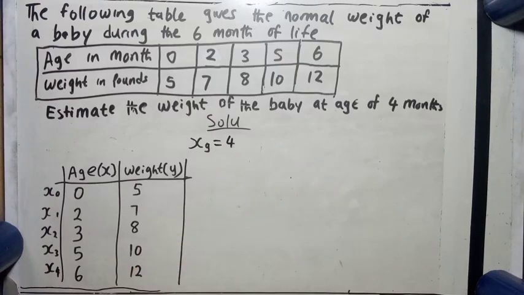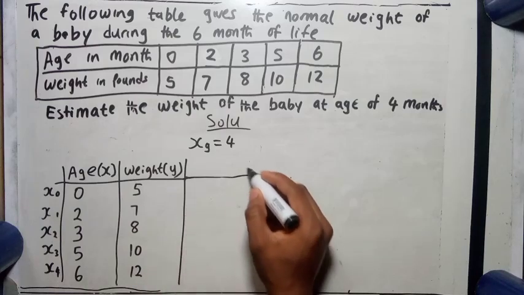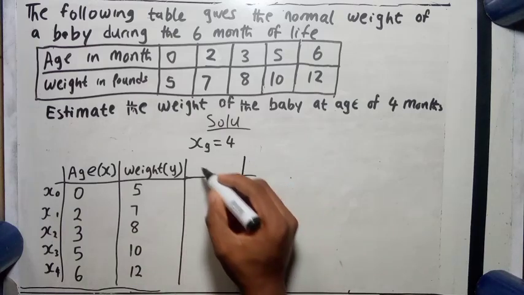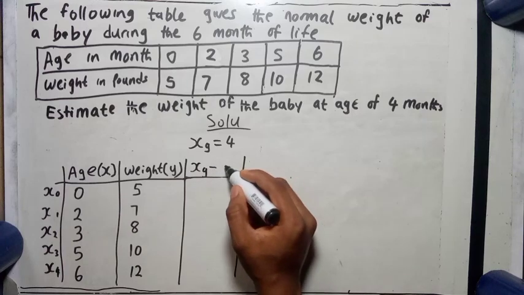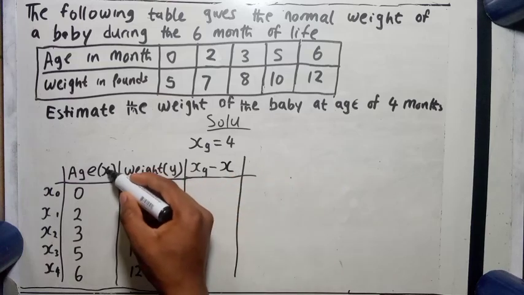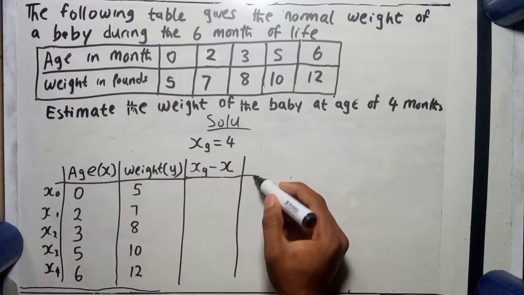So in our table, we'll be creating a column for xg minus x, representing the whole of this column.